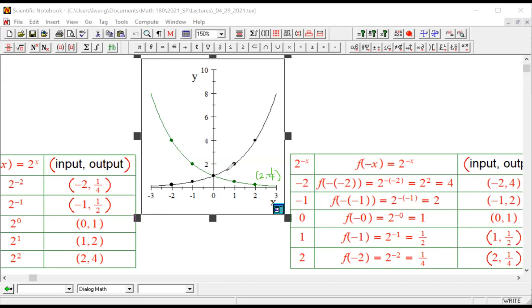And this dot, 1, 1/2. Very good. And you know, the y-intercept stays where it is.